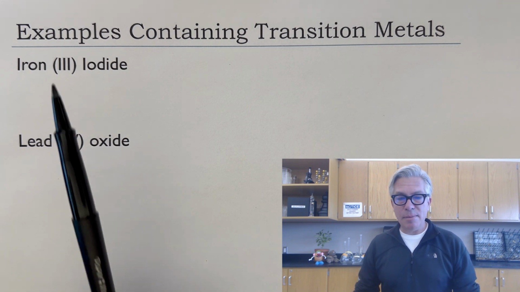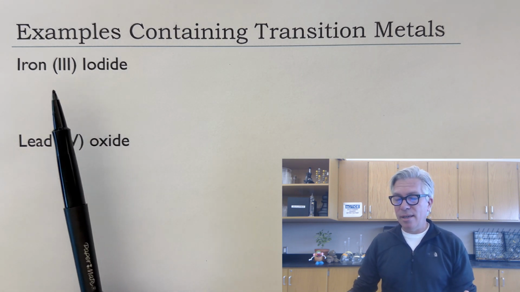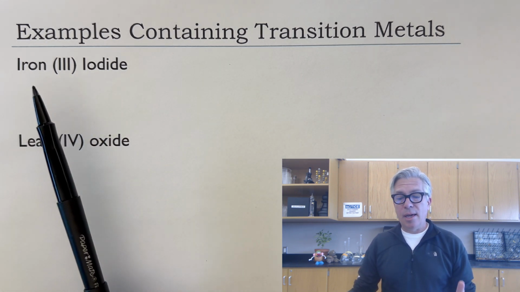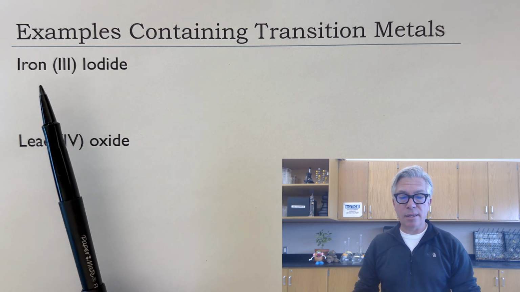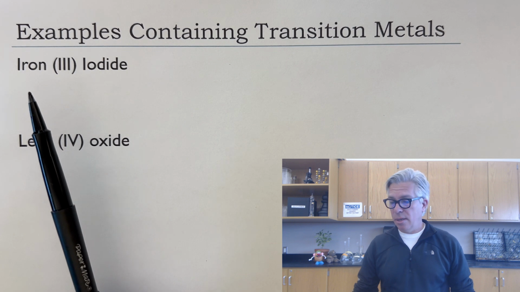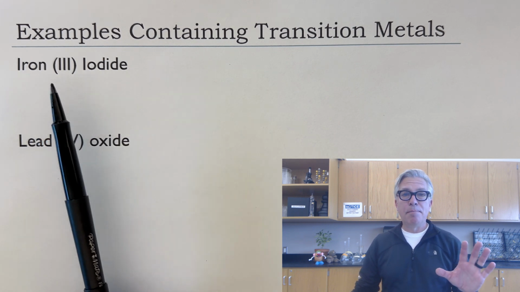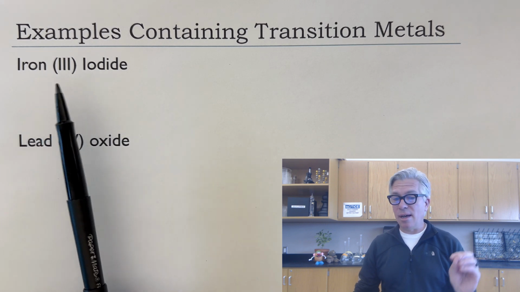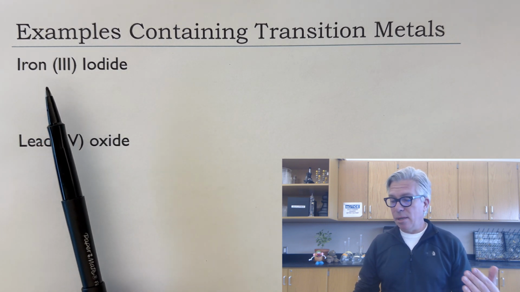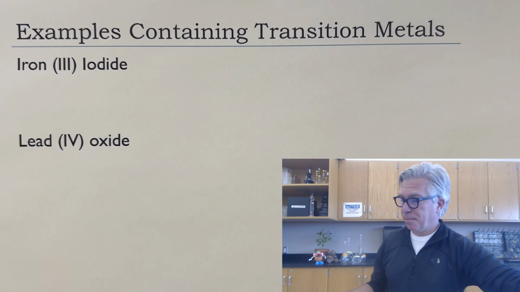Thankfully, if we have the name of the compound and it's written correctly, it will contain a Roman numeral. And that Roman numeral tells you the charge of the metal ion. It doesn't tell you how many of them there are. It's not like there's 3 irons here, but it will tell you that it's iron 3 plus, not iron 2 plus, not iron 6 plus, but iron 2 plus.